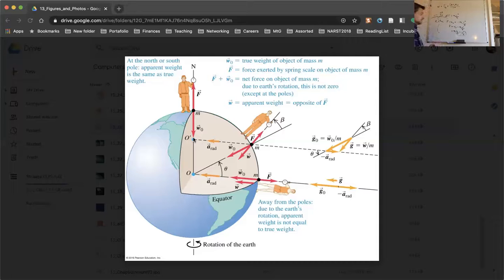We need this to be a vector thing: the direction of the weight, radially inward, and the direction of the radial, or centripetal, acceleration associated with moving in a circle.